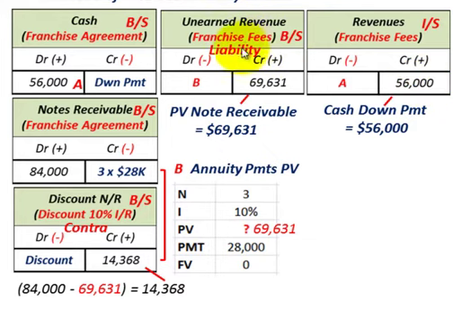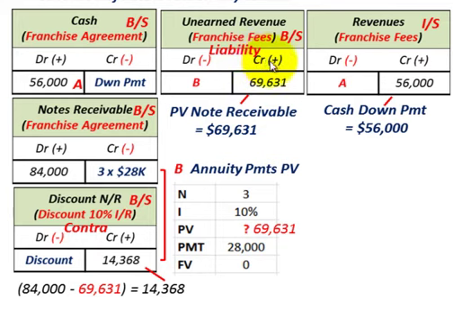But then with this franchise, the 3 payments that are discounted back, the notes receivable at its present value, you would have to set up as an unearned revenue for franchise fee, as a liability account on your balance sheet. So credit that for $69,631, the present value of the notes receivable. So you can see what was going on here.